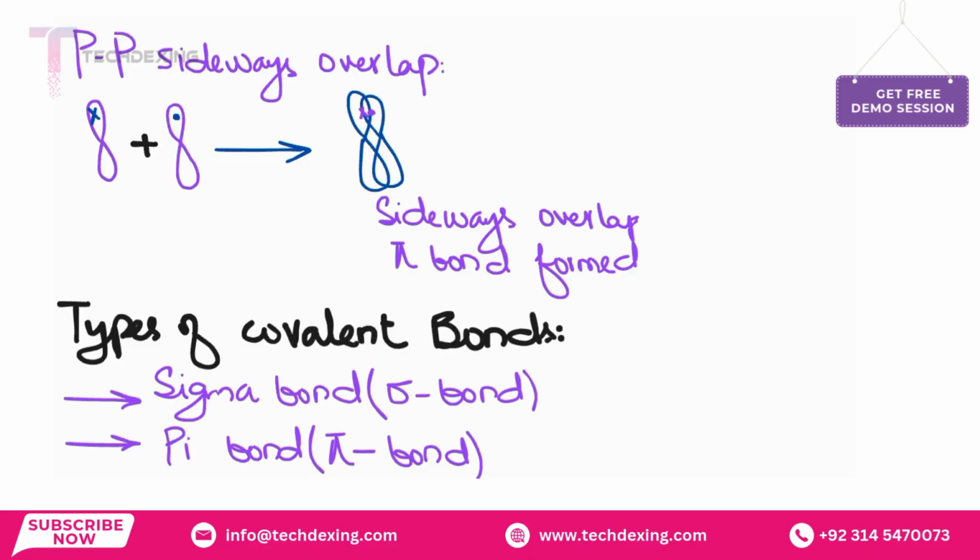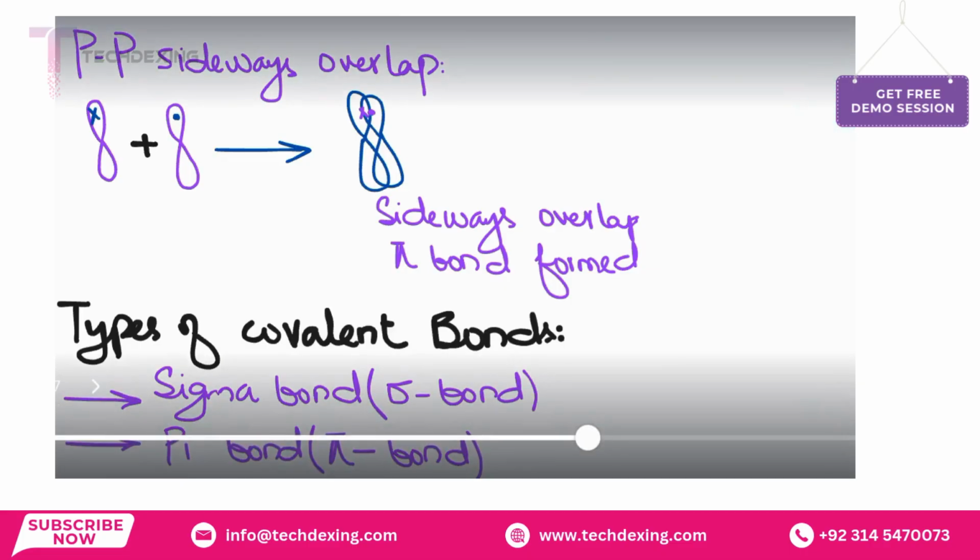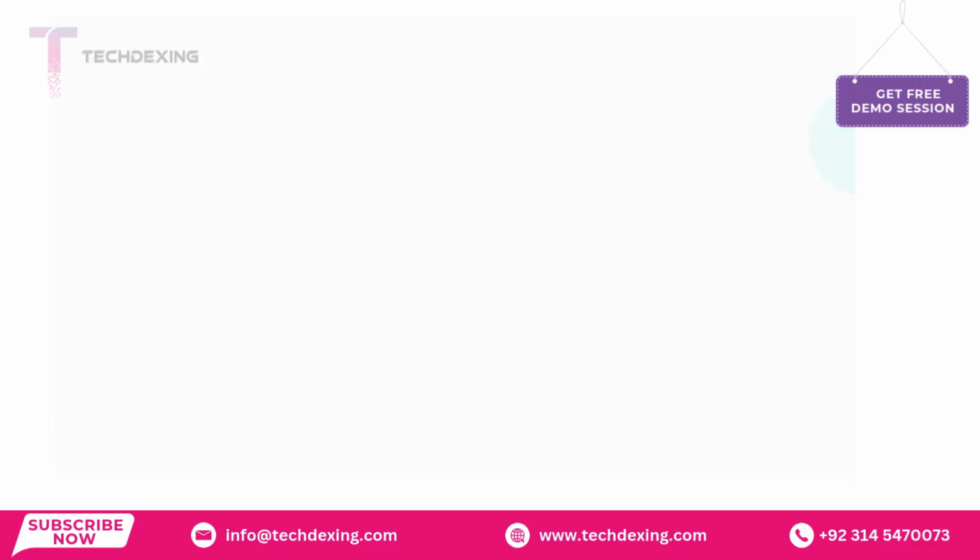Okay, so now we can move to the next one point. So next one point is we have to draw the dot cross diagrams for various simple types of the covalent compounds. So move to the next one slide. So we are going to draw the dot cross diagrams for various simple molecules.